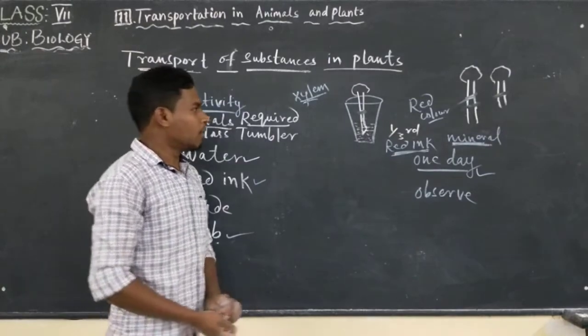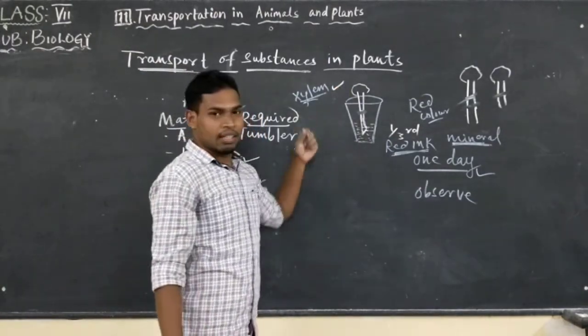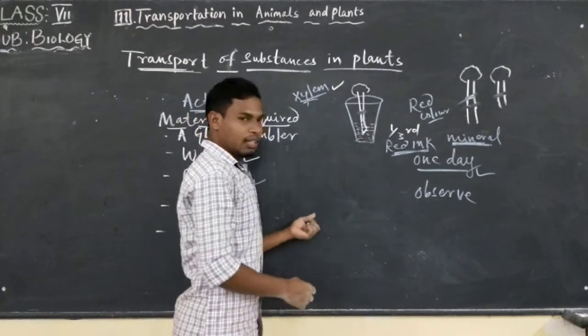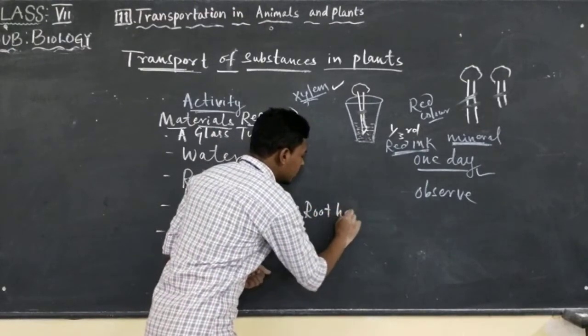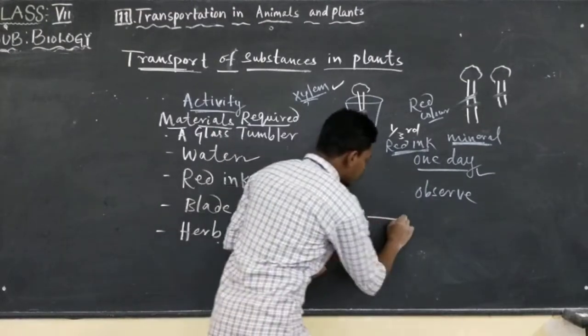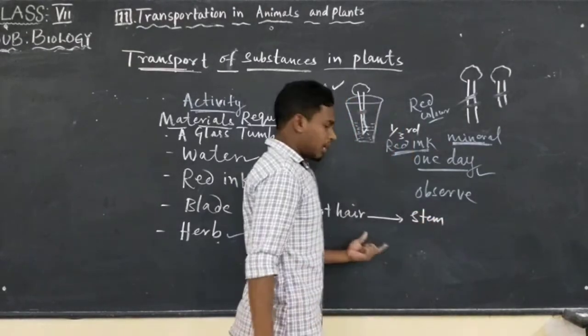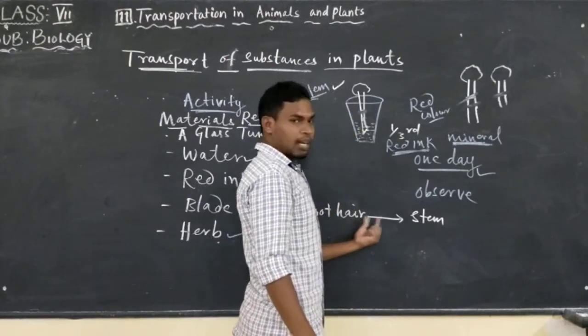So here what we need to know is xylem carries water and minerals and their direction is only unidirectional. So from root hairs, the water and minerals are carried to the stem by the help of xylem tissue.